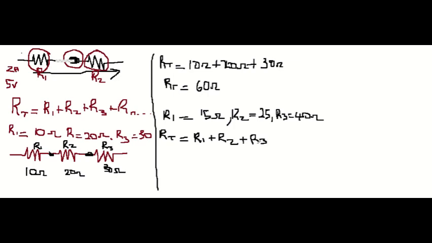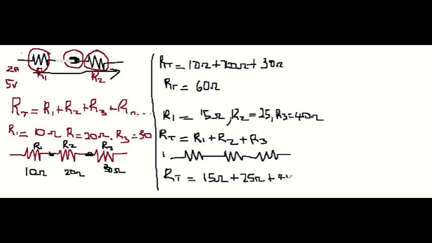And again, we could represent this by drawing the circuit. R1, R2, and R3. So now we have RT is equal to 15 ohms plus 25 ohms plus 40 ohms.